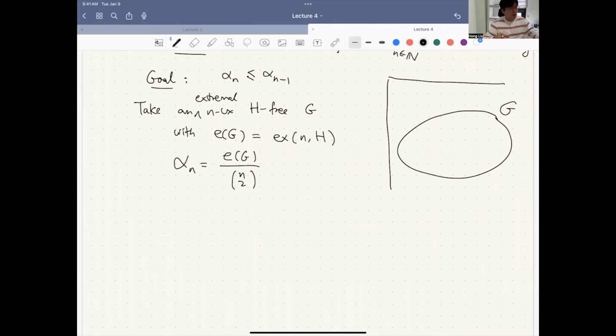Now how do we sample an n-1 vertex subgraph? Very simple. We just uniformly choose a vertex V and exclude it; the remaining will be our random graph. Let's call it G prime.